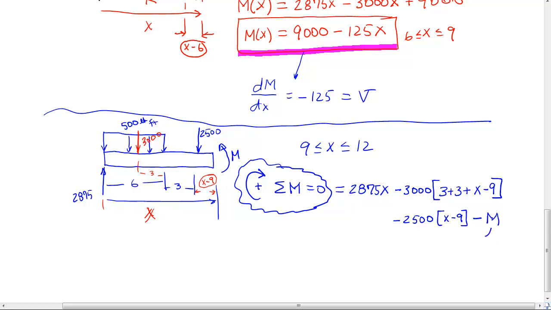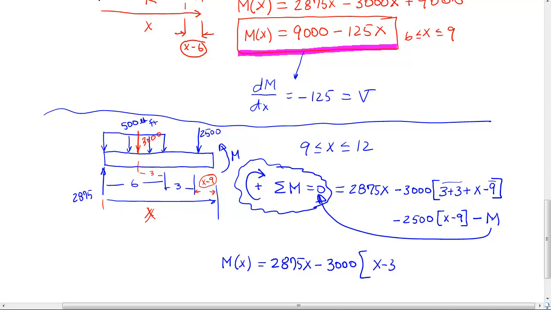So you take this moment, you shove it back over to that side of the equation, and now you get the moment as a function of x equaling 2875x minus 3,000 times, well, you take 6 off, and you get x minus 3. Then minus 2,500 times x minus 9.